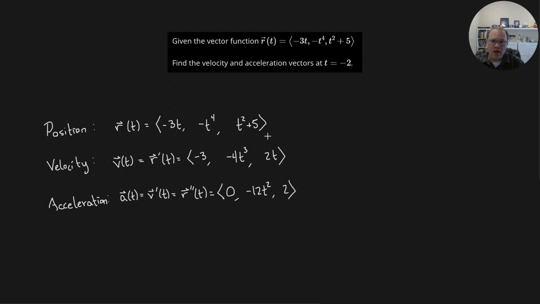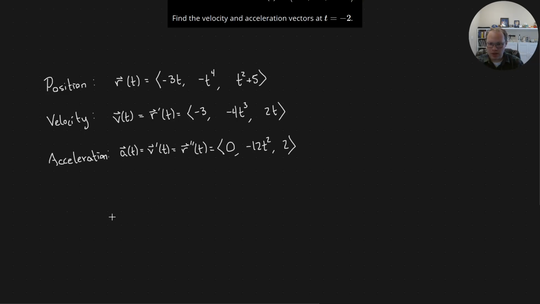Now, we don't want the velocity and acceleration functions here. That's not what it's asking for. It wants the particular acceleration and velocity vectors at t equals negative 2. Okay, so let's plug in. At t equals negative 2, just plug negative 2 in for each t.